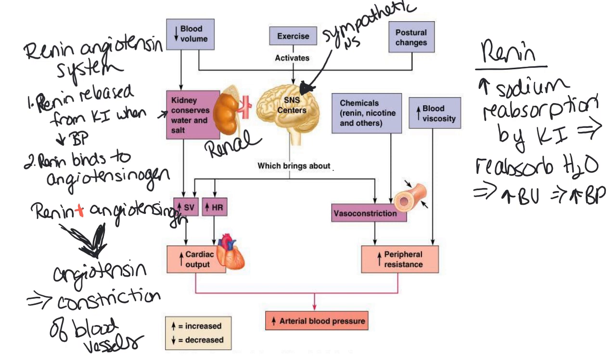In addition, we also have what's called, let's talk about all our hormones right now, atrial natriuretic peptide. So atrial natriuretic peptide, this one is released in response to the atria stretching.